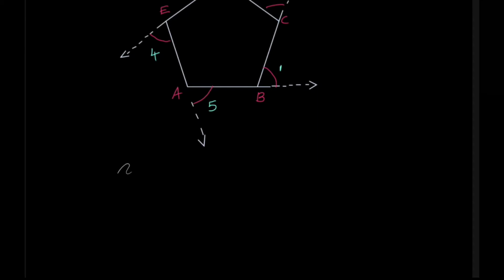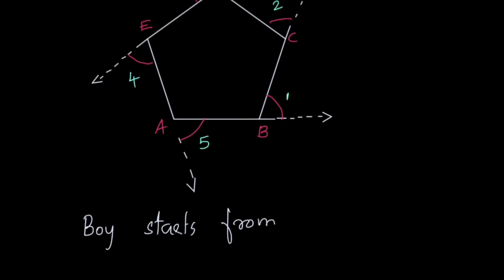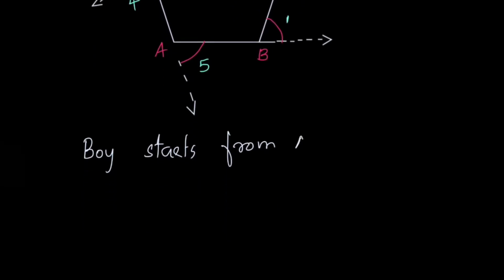The boy starts from A and travels in a straight line along AB, and from the point B it takes a turn.